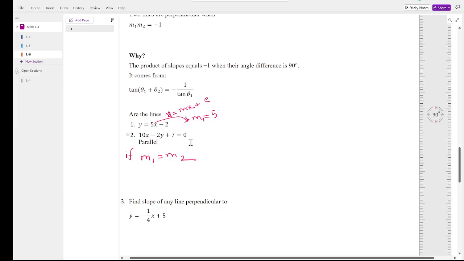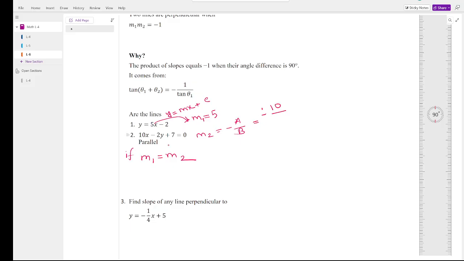This is in general form, so we find it by m2 equals minus a by b. Here a is 10 and b is minus 2. So this minus should be plus, and dividing by 2 we get 5. So we find m2 equals 5.